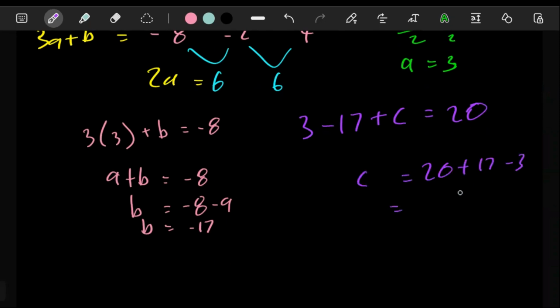So this is like 37 minus 3. That's like 34. That's your value of c. So all this, nothing bad, nothing crazy. It's just pretty straightforward. So Tn is equal to 3n squared, b is a negative, so negative 17, plus 34.